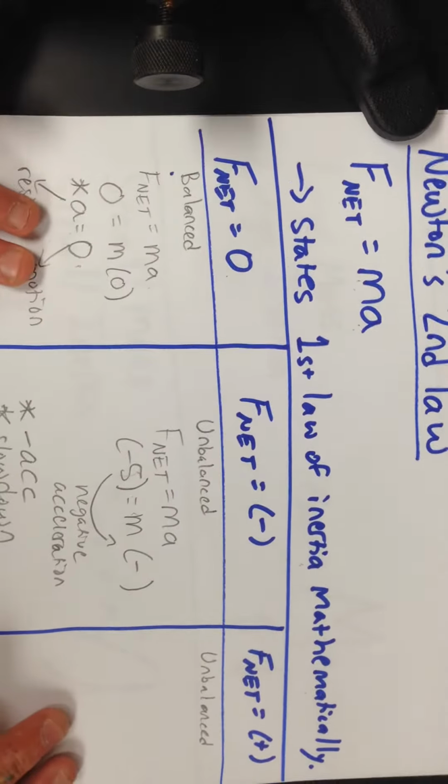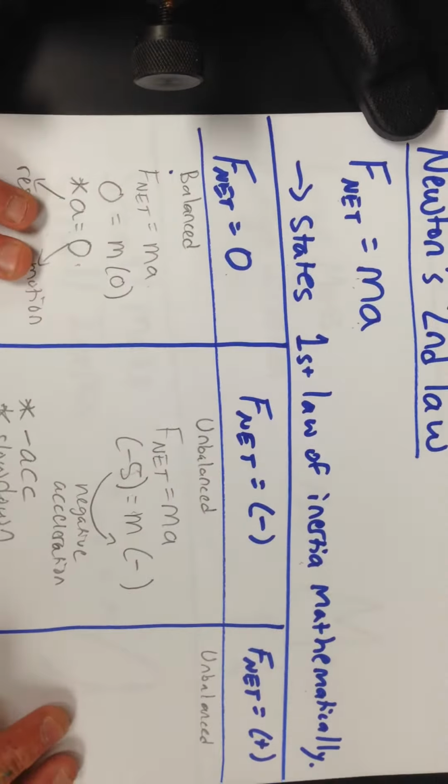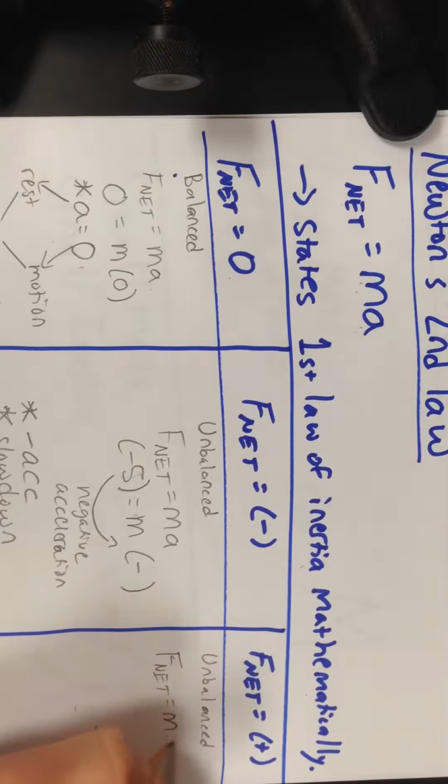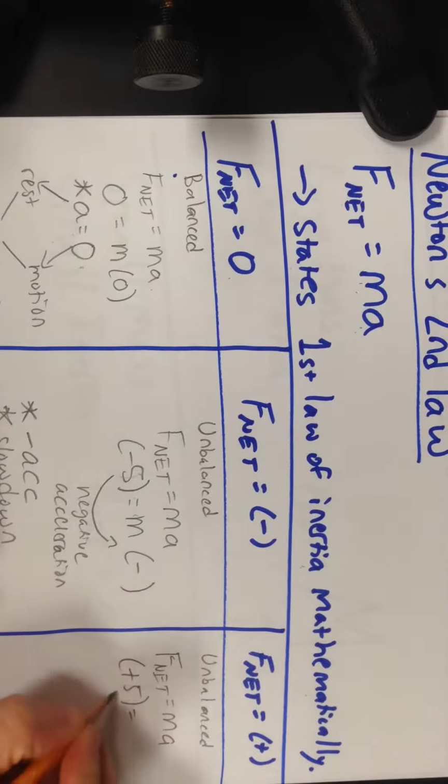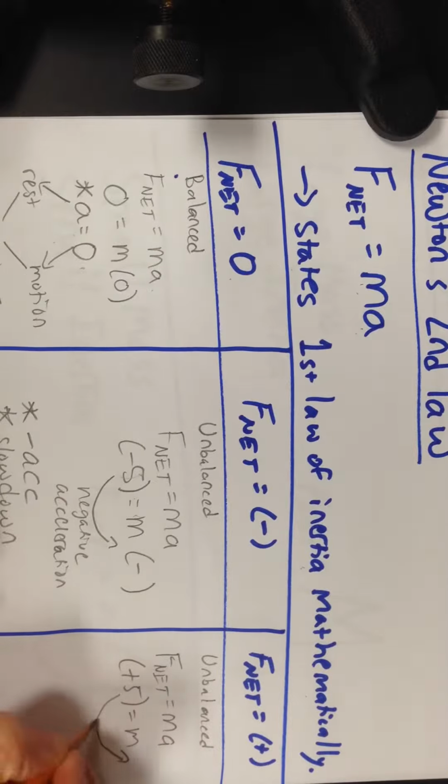So you can imagine if the net force is positive, say it was +5, then your acceleration is going to end up being a positive acceleration, some sort of positive number there for a. So when you have a positive net force, you have a net positive acceleration, or a speed up.